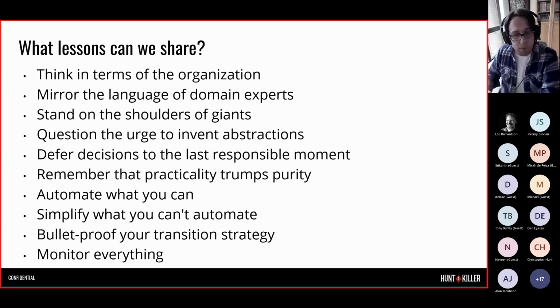And so sometimes you have to put that intellectual purity to the side, and you have to think to yourself, ultimately, what is practical? What's going to work best for the business? So in this example, instead of having each microservice own its own database and have that database only contain tables and things like that that were specific to that service, we actually ended up deciding to create one database that all of the microservices share.